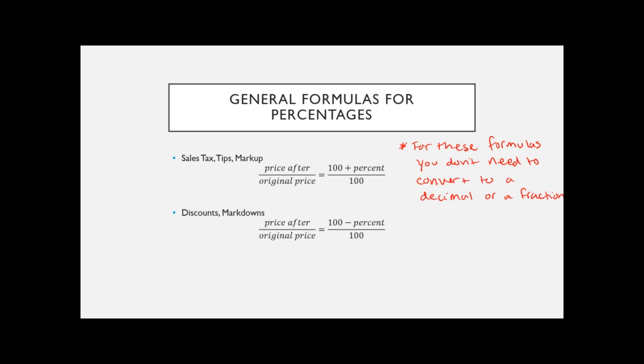It's just if you're marking something higher in price, you're adding. If you're discounting it or having a markdown, you are subtracting. So these are the formulas that we're going to use, and I've got several word problem examples going forward, of very different types, so you get an example of each one.